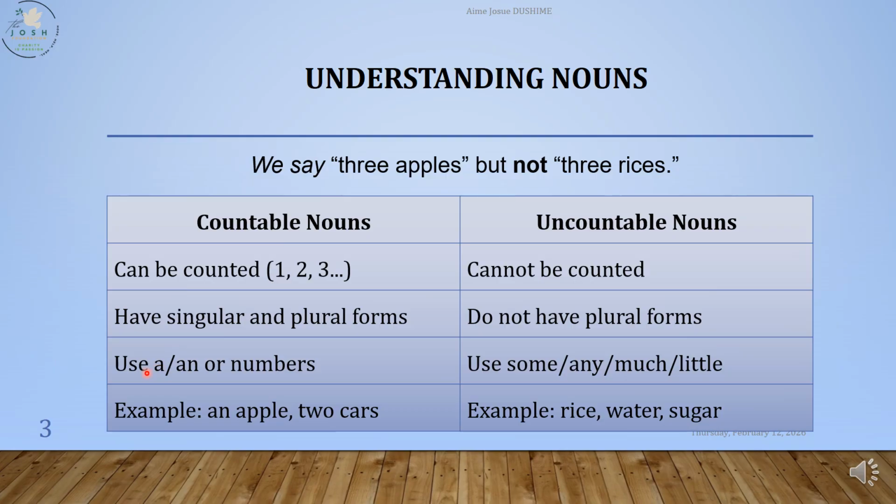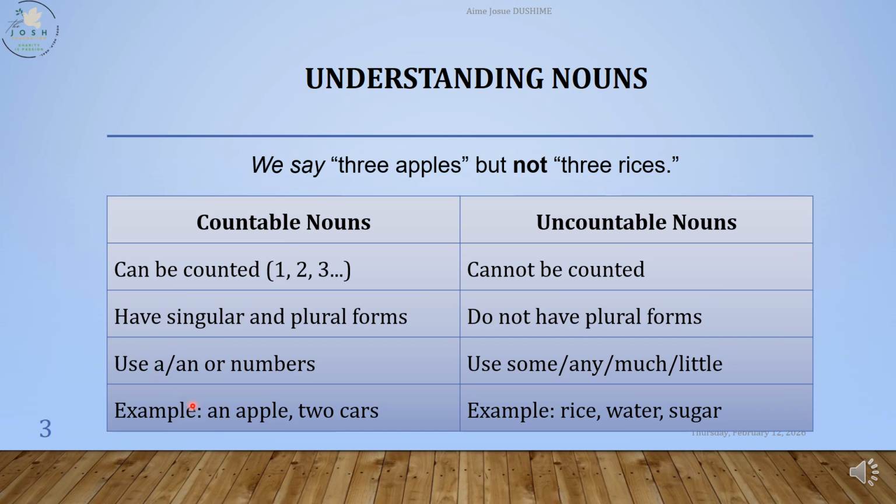Countable nouns use a, an or numbers. You can say a and put that noun, you can say an and put that noun, you can say 1, 2, 3 and then put that noun. When you say uncountable, use some, any, much, little, any quantifier like that.